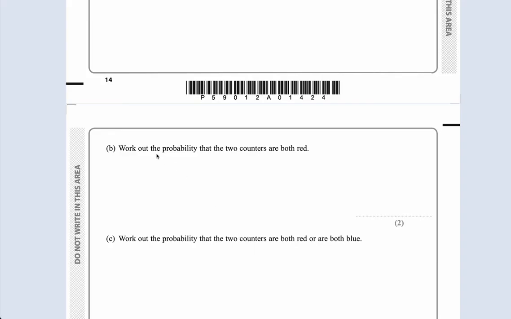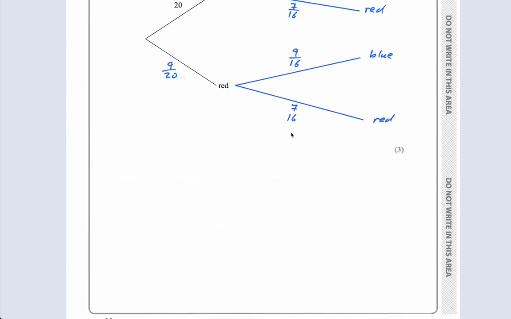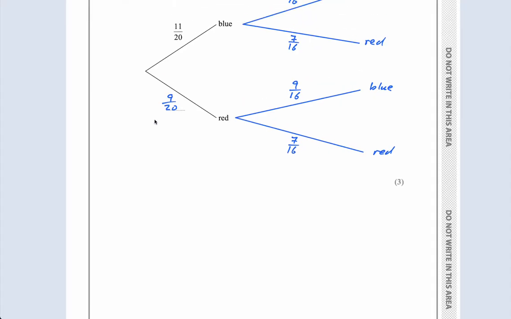The question then says, work out the probability that the 2 counters are both red. So that means we need red, red. So this is just going to be the probability of getting red, red. This is part B, by the way, guys. I have to do 9 over 20, because we multiply along the branches.